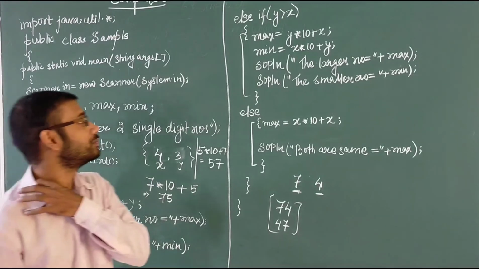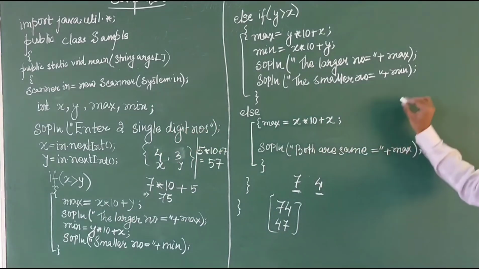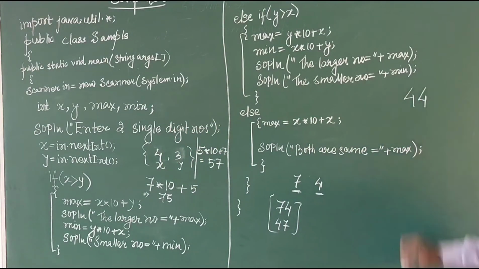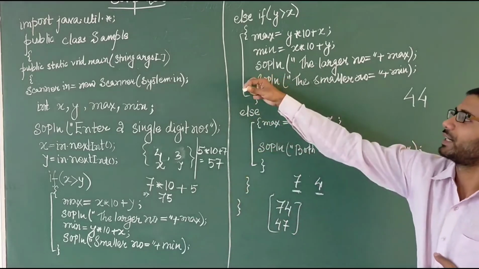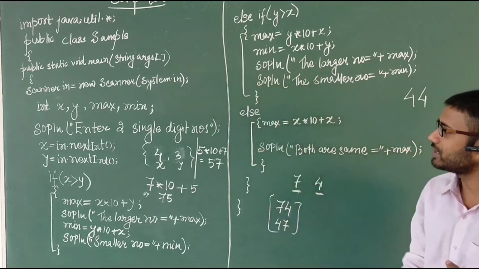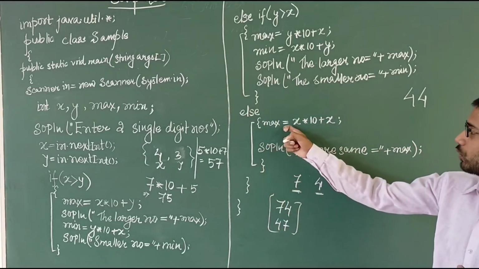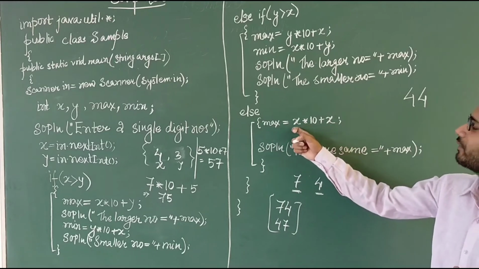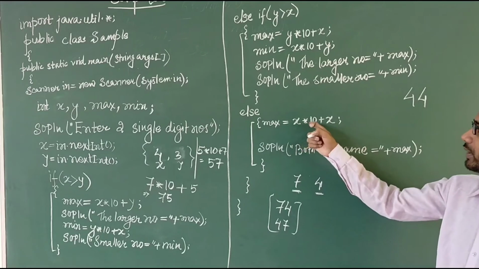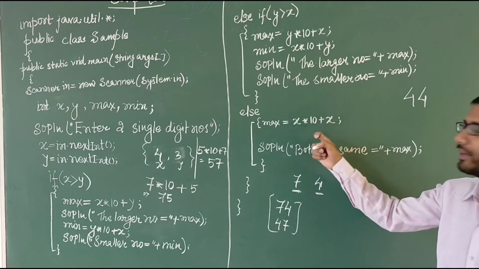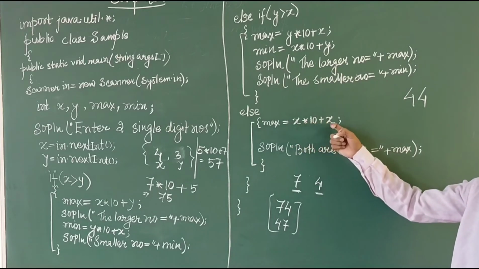Okay. Now, let's suppose the user gave something like 4, 4. Then neither this will satisfy nor this will satisfy. What will satisfy is the rest over, that means else. max = x into 10 plus x. It is not necessary that it is x into 10 plus x. You could have taken y into 10 plus x or y into 10 plus y.